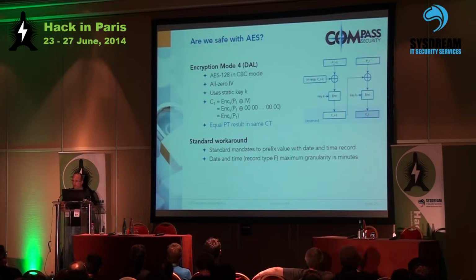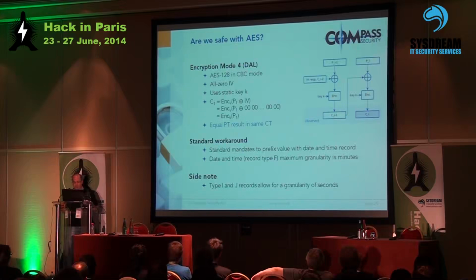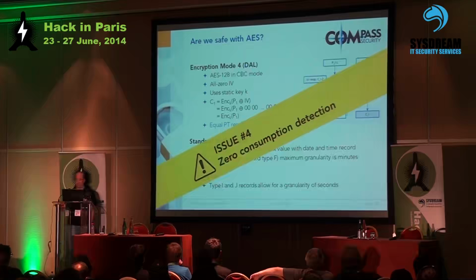Then I thought, okay, let's give mode 5 a try. What they're doing there is they still use AES in CBC mode, but they're not using a zero IV. So to analyze it, we must have a look at the IV construction now.